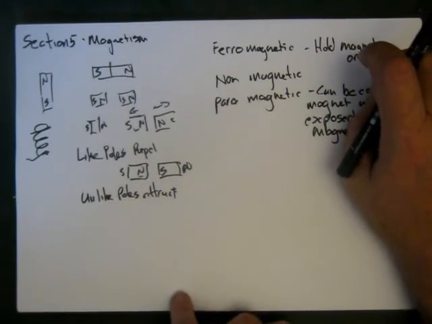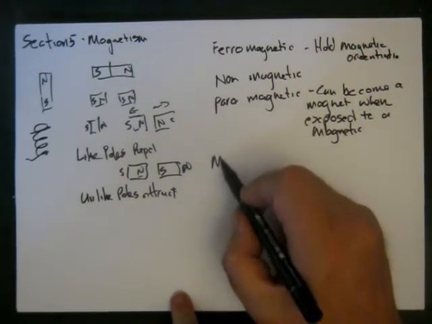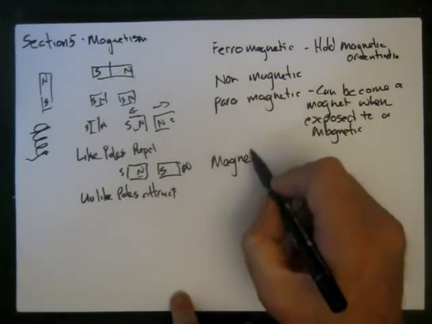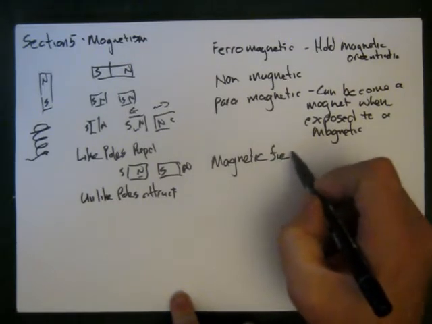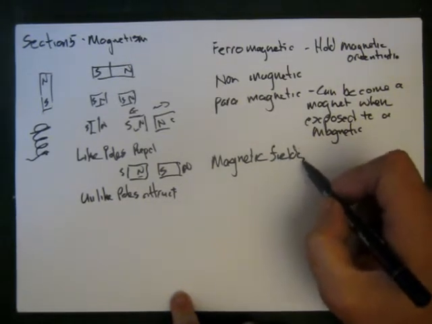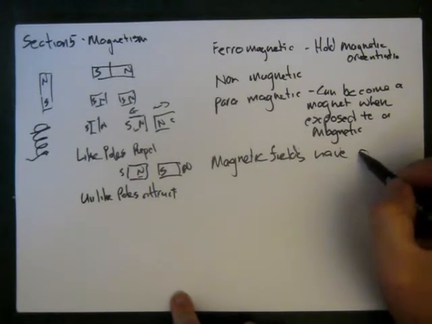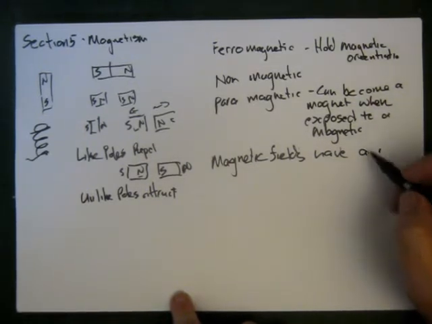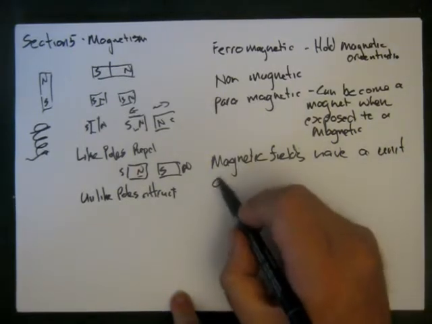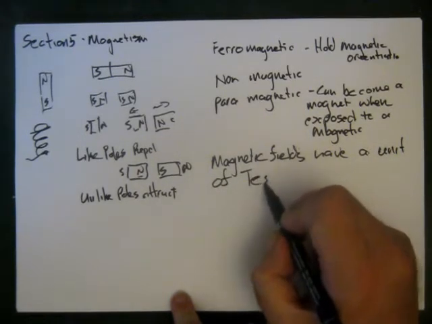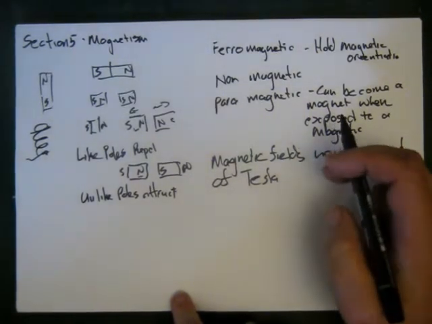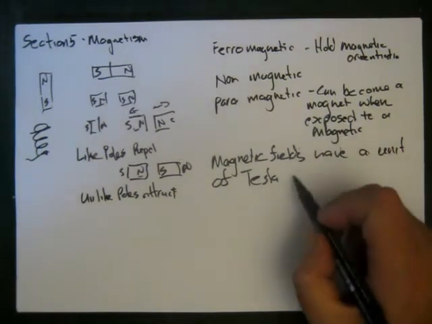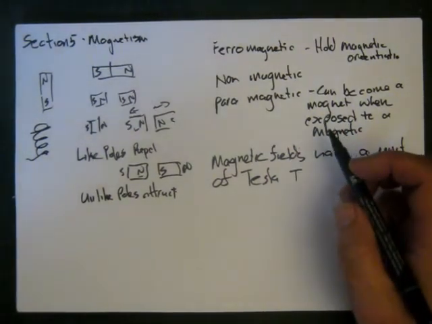So magnetic fields have a unit of Tesla, after probably the world's greatest electrical engineer, Nikola Tesla.